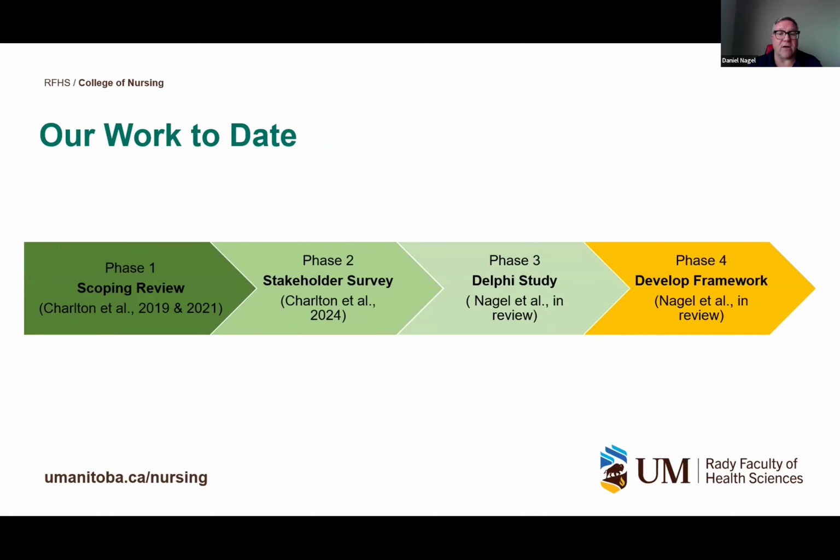And currently that article is in review. And then we went on to develop the framework over the last, I'm going to say 8 months. And it's currently in for review too. And today you're going to get an introduction to what that framework looks like.